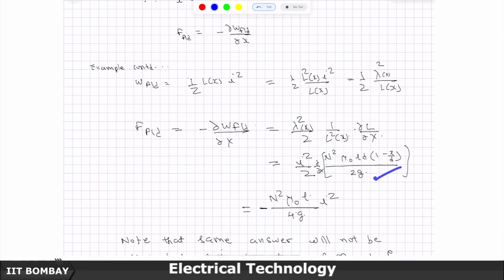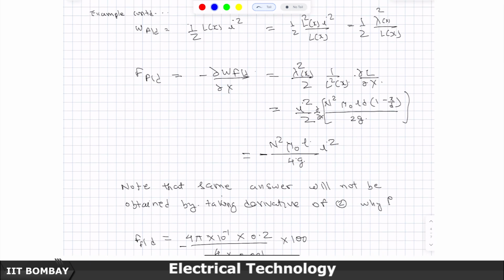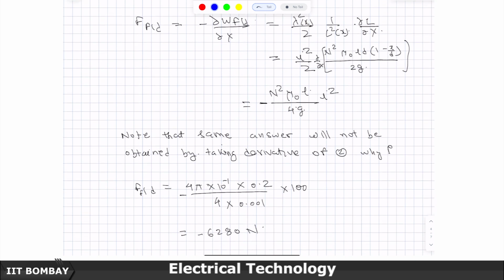So I get basically, I just substituted that here, and I get this as minus n square mu 0 L by 4g into i square. And when you substitute all the required numbers here, you get this as minus 6280 newtons. So, it is attracting; x is in this direction, it is pulling it in this direction.